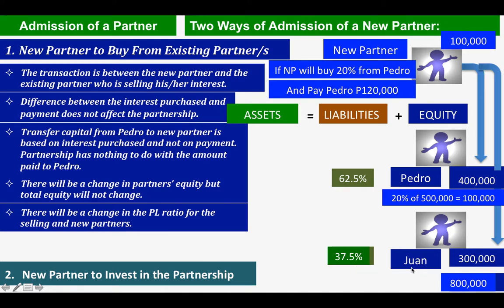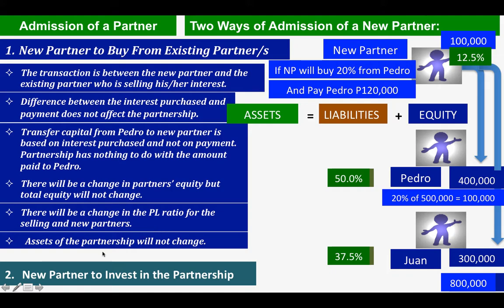Since Juan's capital was not affected, his profit and loss ratio will remain at 37.5%. For Pedro, it will be 50% because the 100,000 was bought by the new partner, and 100,000 over 800,000 is 12.5%. So the 12.5% is now owned by the new partner.